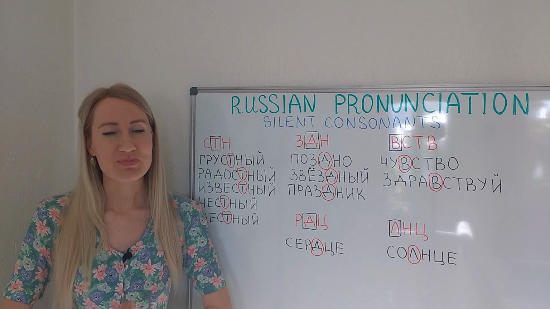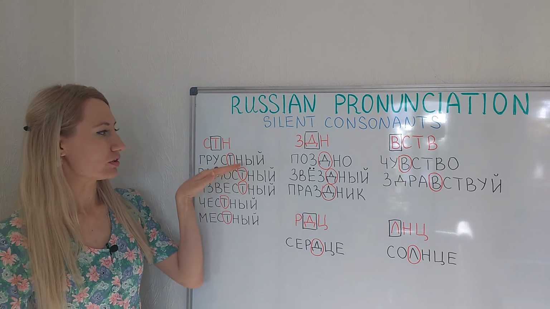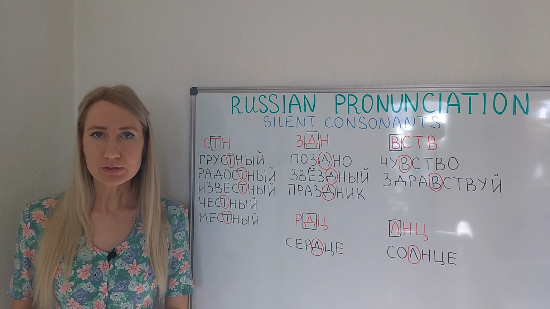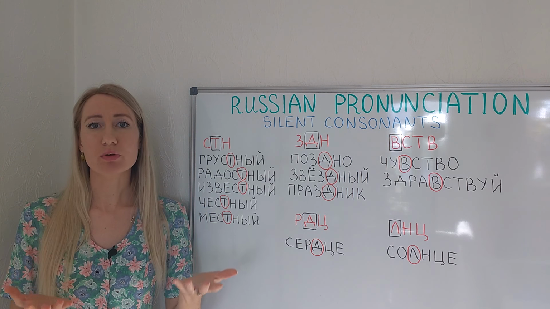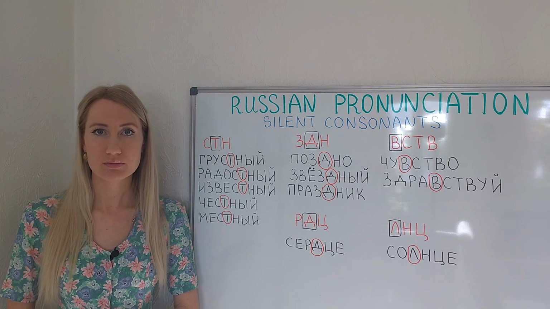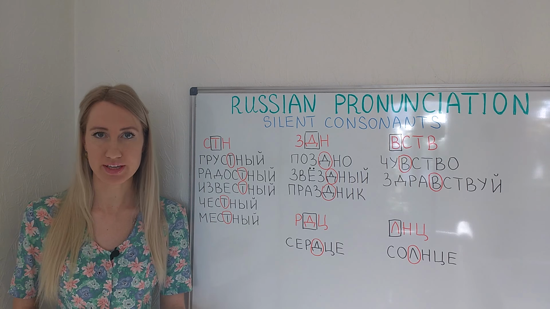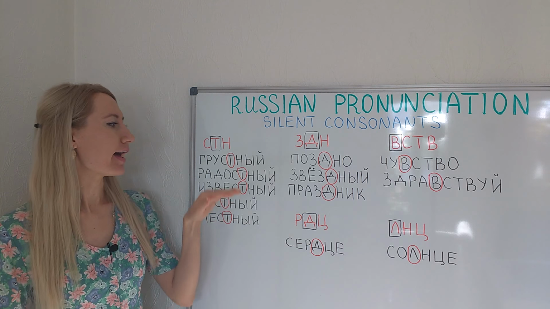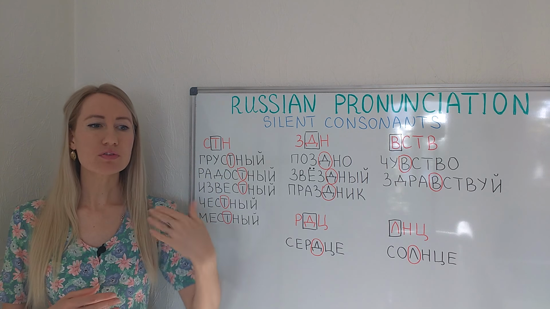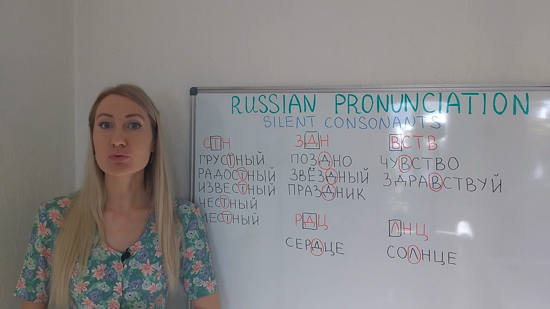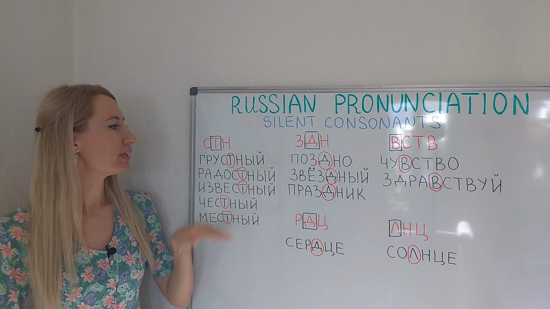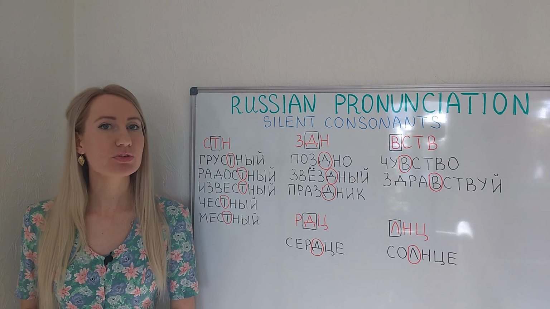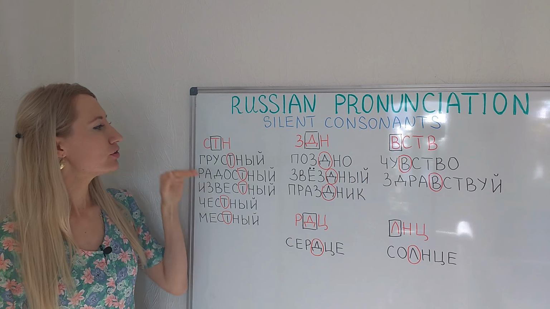No, we can't, because the word грустный comes from the word грусть, sadness, sorrow. There is the letter T, and it remains in all the words with the same root. That's why we need it here, but we don't pronounce it.